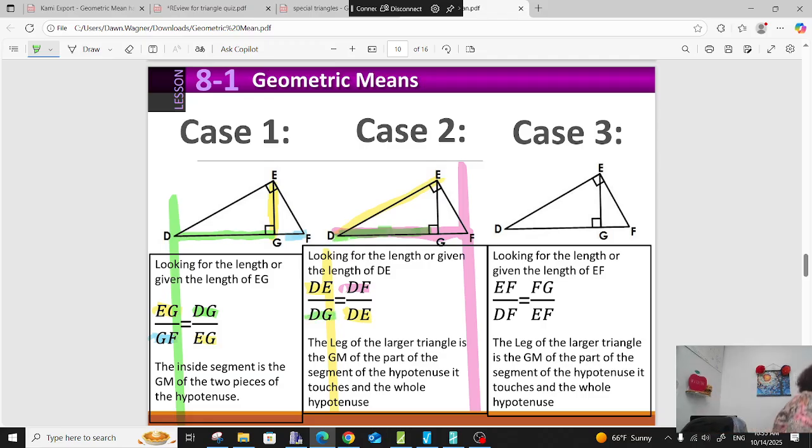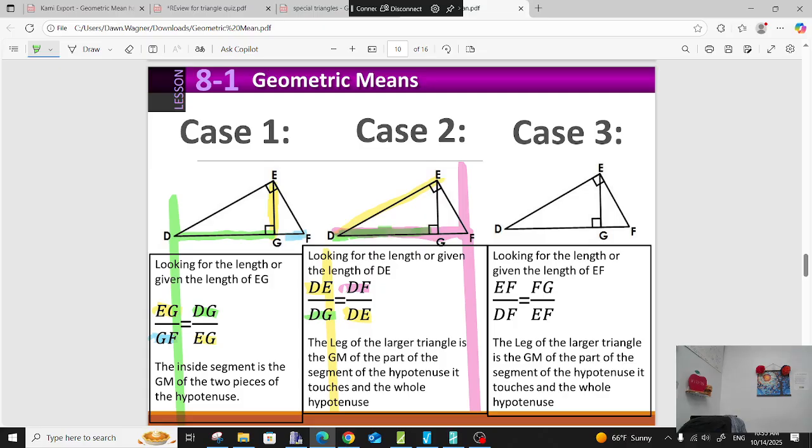Now, you'll hear me say that when students ask for help or when I'm setting up problems. Here is two parts of the hypotenuse, correct? Yes. If I am given DE, the two segments I use is the part it touches in the whole hypotenuse.